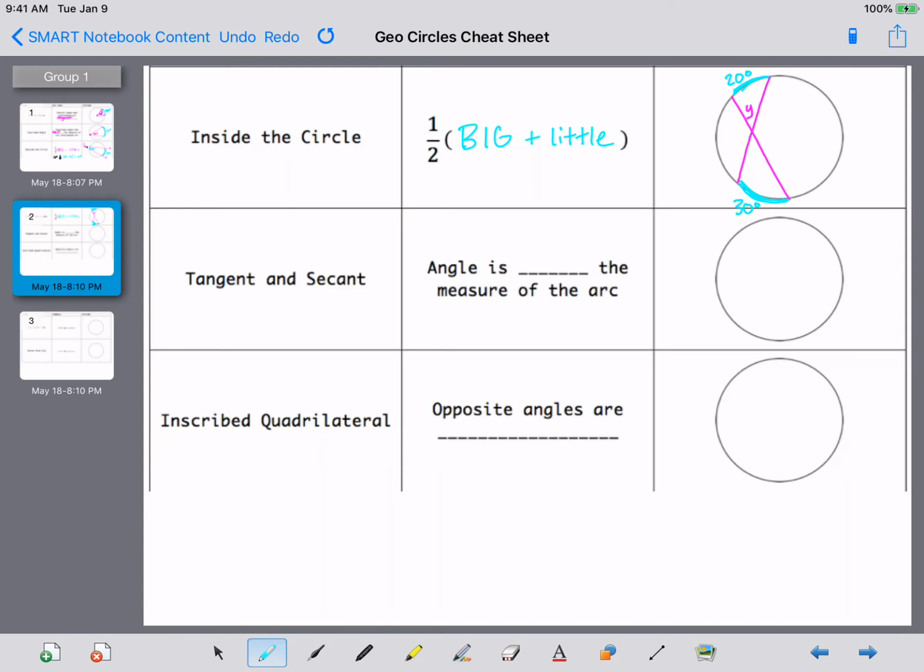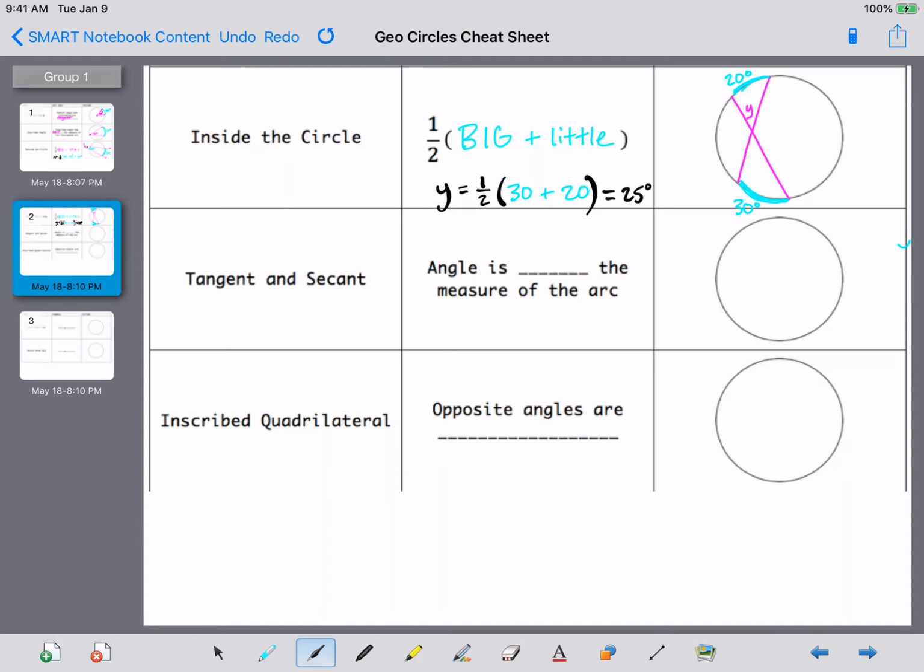So to find the measure of angle Y, we're going to take half of the big arc, which was 30 degrees, plus the 20 degree arc. And if we take half of 50, we're going to get 25 degrees. All right, so it's actually just the average of those two arcs that you have. Just kind of an interesting fact.